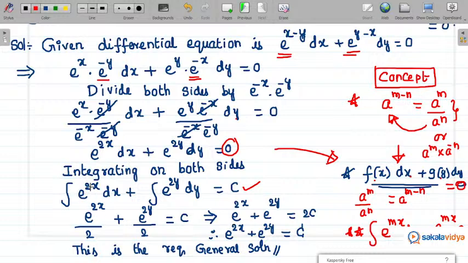So integral of e power 2x dx is e power 2x by 2, plus integral of e power 2y dy is e power 2y by 2, is equal to a constant. Take LCM 2 and cross multiply: e power 2x plus e power 2y is equal to c, since 2c can be written as c only. So e power 2x plus e power 2y is equal to c. This is the required general solution.